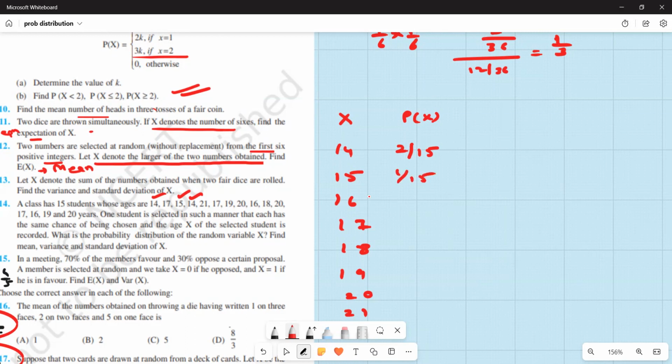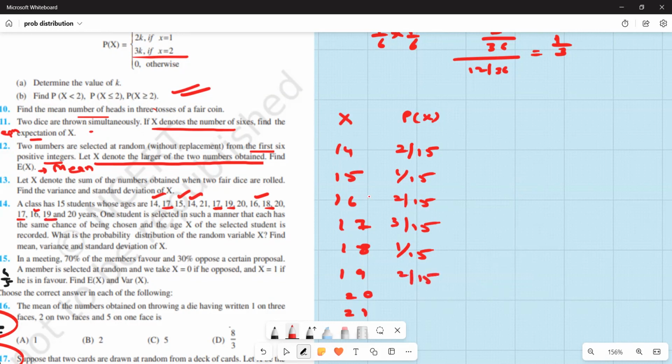Then 16. 16 is this and this. 2 by 15. 17. 1, 2, 3. 3 by 15. 18 is 1. So 1 by 15. 19. 1, 2. So 2 by 15.